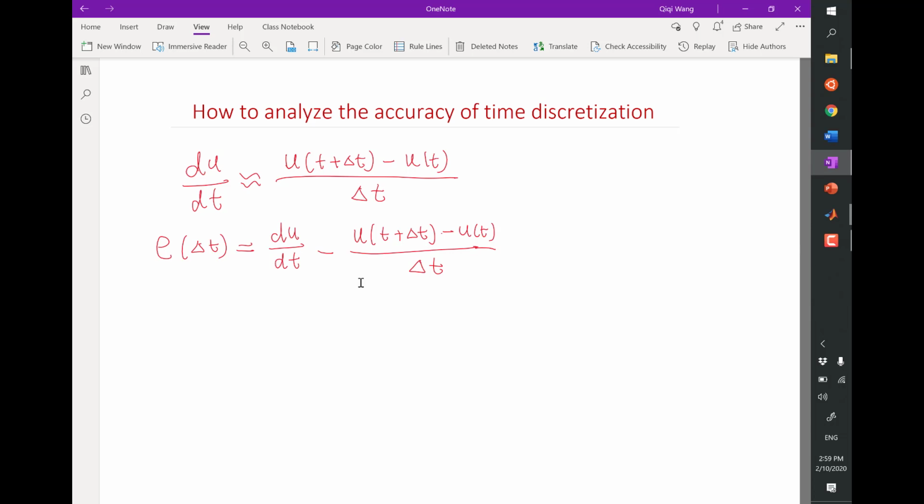Versus another scheme, where if I increase n by a factor of 2, I decrease the error by a factor of 100. That would be a much better scheme to use, right? So how do we figure out which case it is?